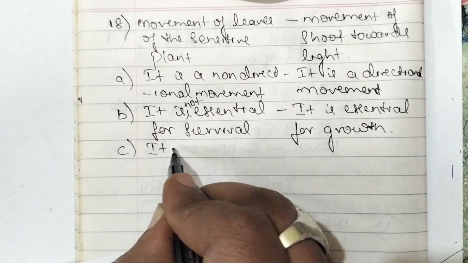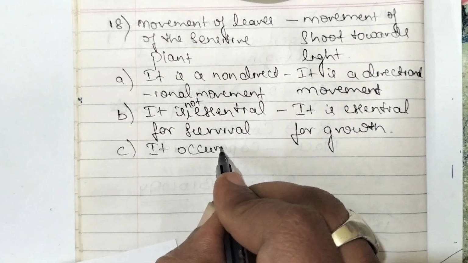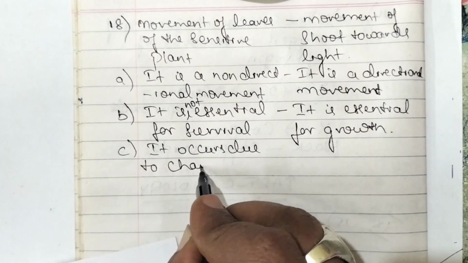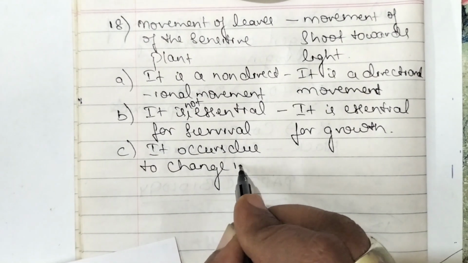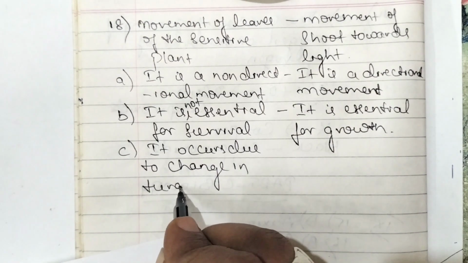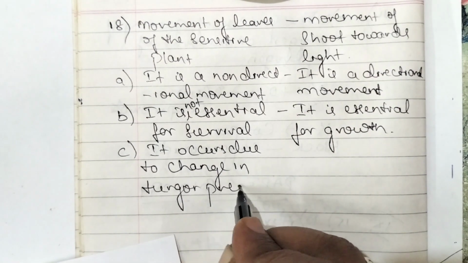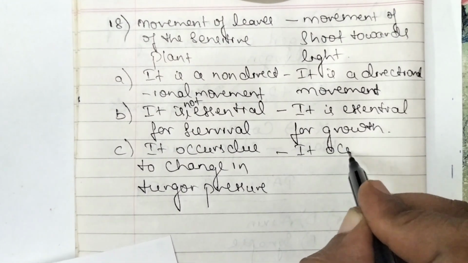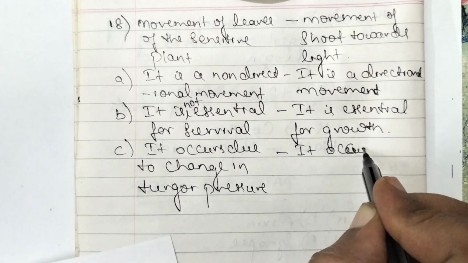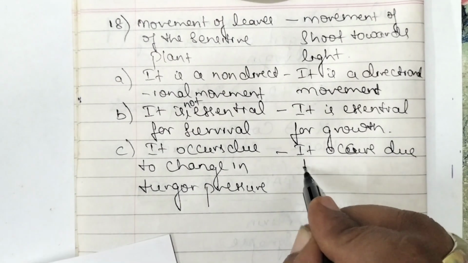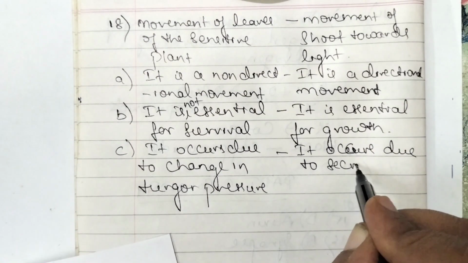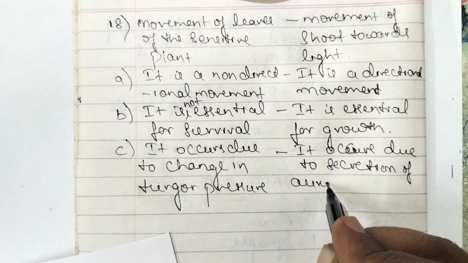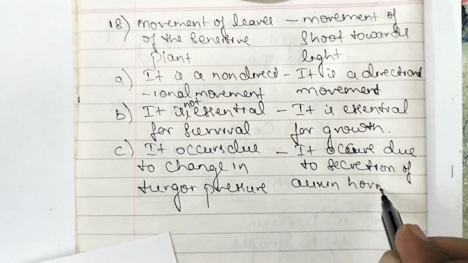Then the third difference is that movement of leaves occurs due to change in turgor pressure, whereas movement of shoot occurs due to secretion of auxin hormone.